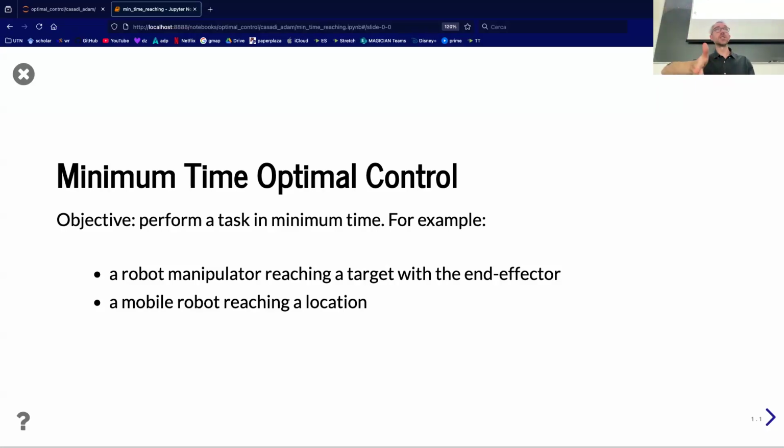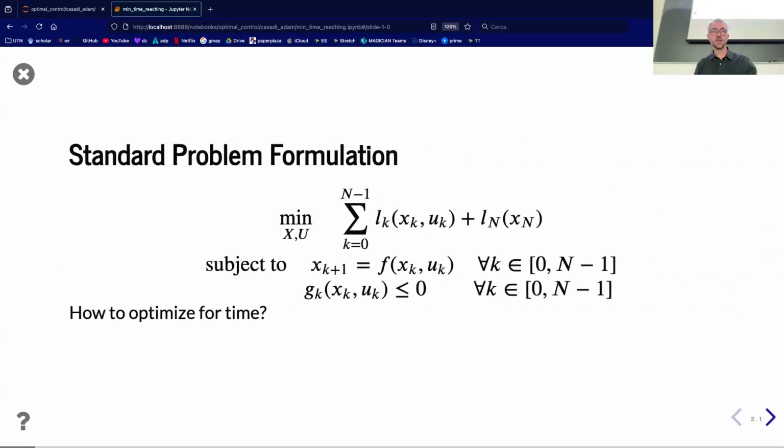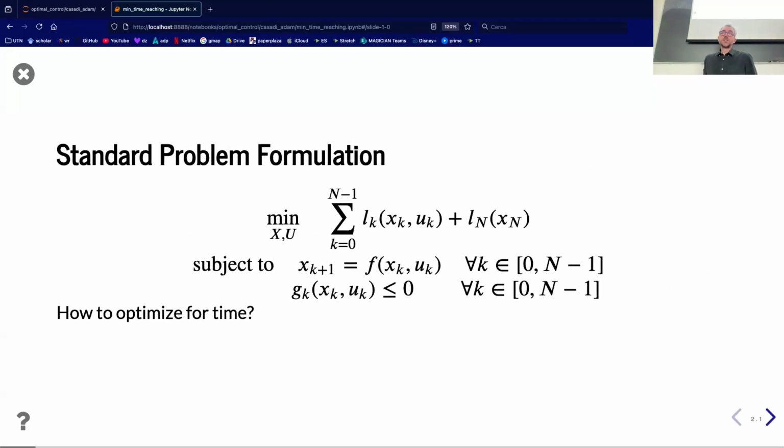And so far, we haven't seen how to do that. And that's not really trivial because if you look at the standard formulation of an optimal control problem, this is in discrete time, there is no way to say, I want to minimize the time for reaching the target.